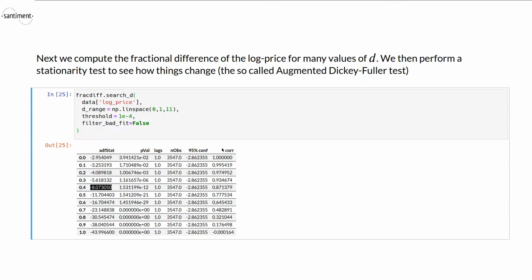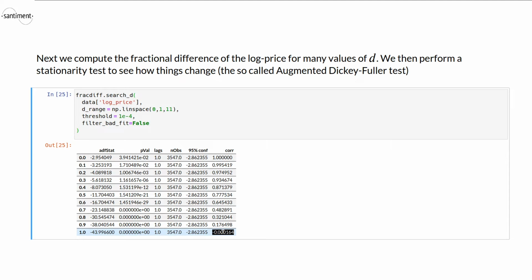And then on the right side, you see a correlation between the original time series and the resulting time series, the one you get by fractional differencing. So from the original, when we don't apply any differencing, they're fully correlated, so correlation is 1. When we apply differencing at level 1, so when we get the log returns, there is basically no correlation.